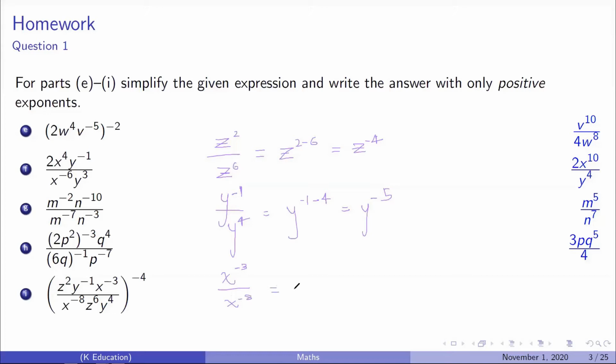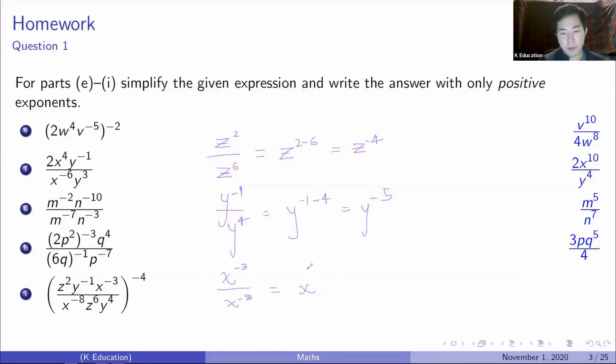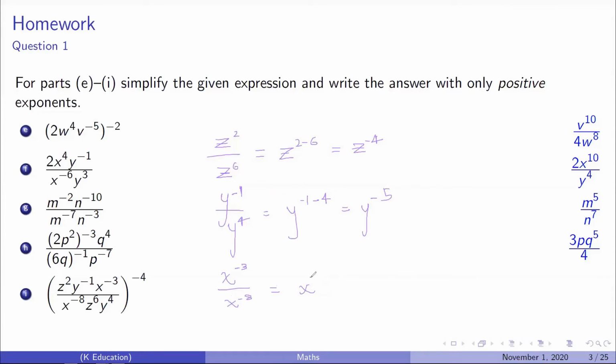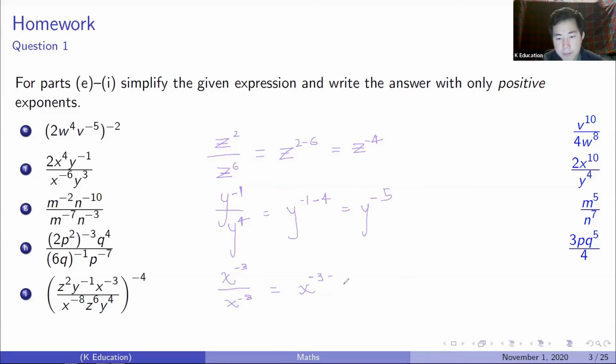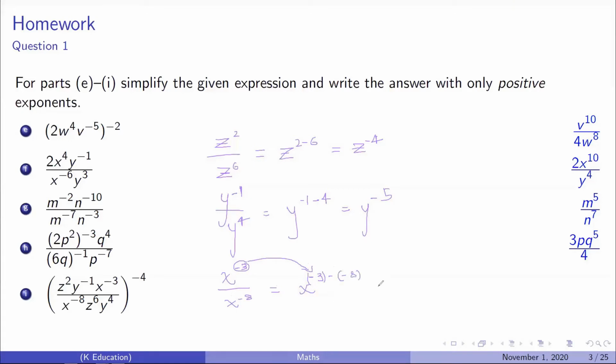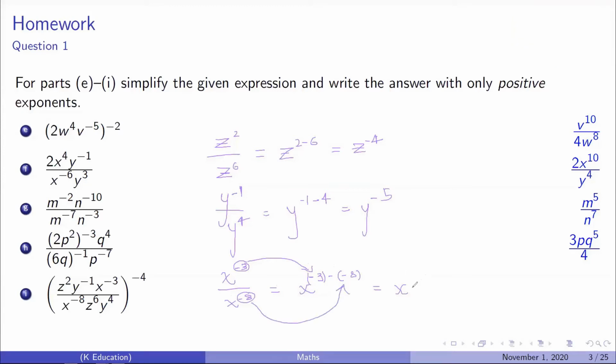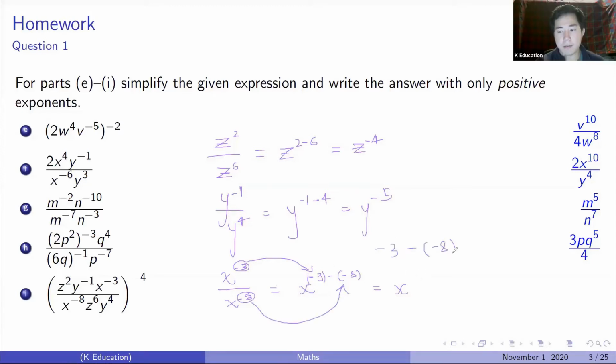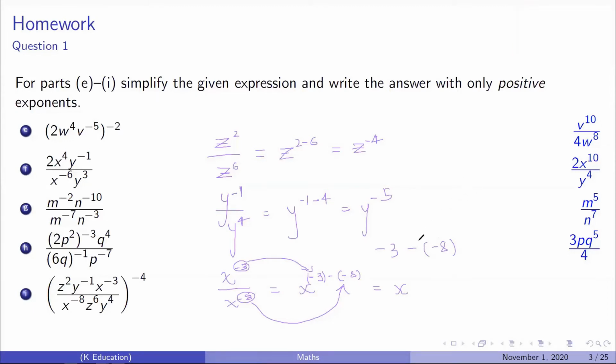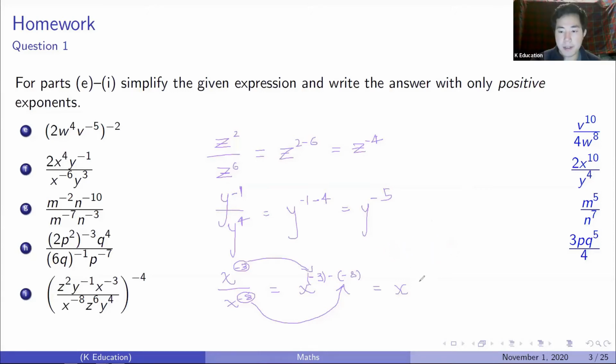So it's -3 minus -8, which comes from here. Oh, 5. Sorry. Yeah, these two minuses give a plus. So -3 plus 8, which is 5.